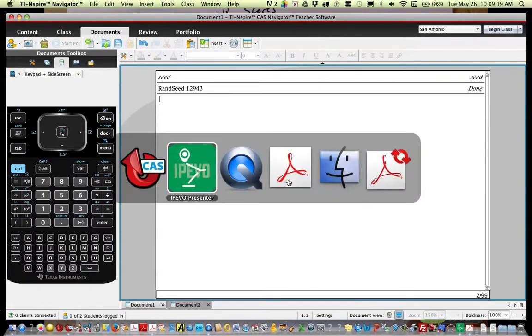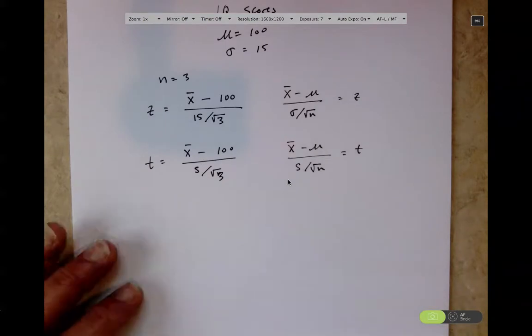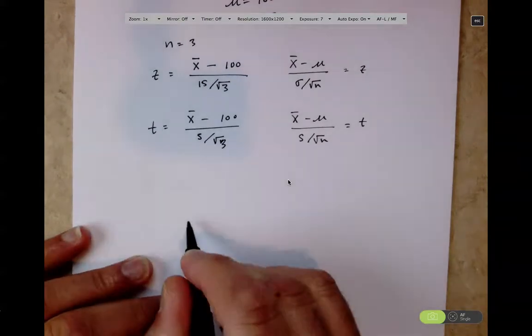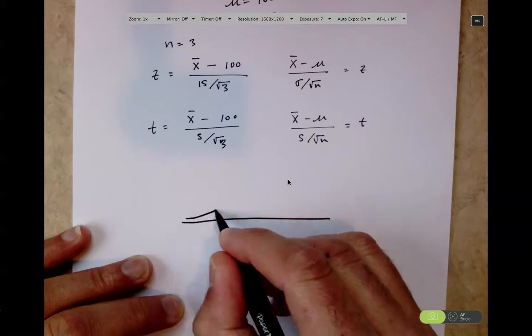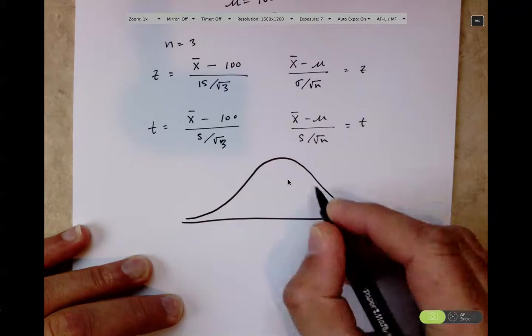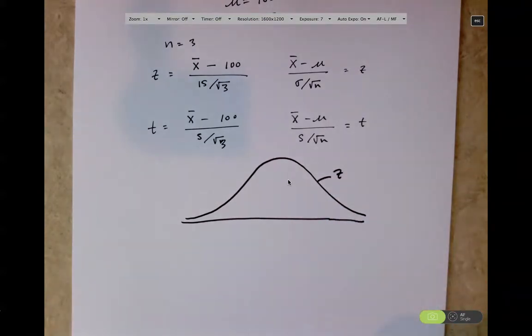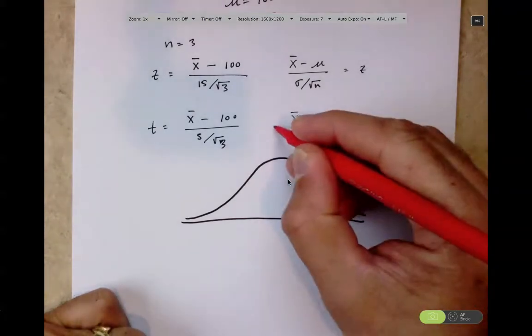So if you think about this, it's a sampling distribution, but the difference is that this is a t distribution based upon samples of size 3, and we're comparing that to a z distribution. So if you wanted to compare these two, the z distribution is going to look something like this. And this is the z distribution. And the t distribution, when we're taking samples of size 3, is going to look more like this.